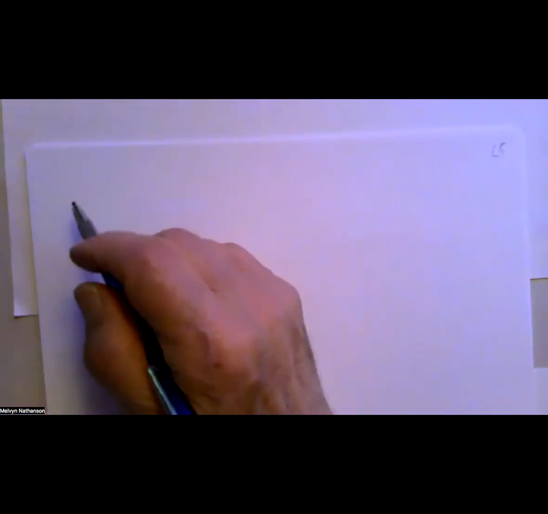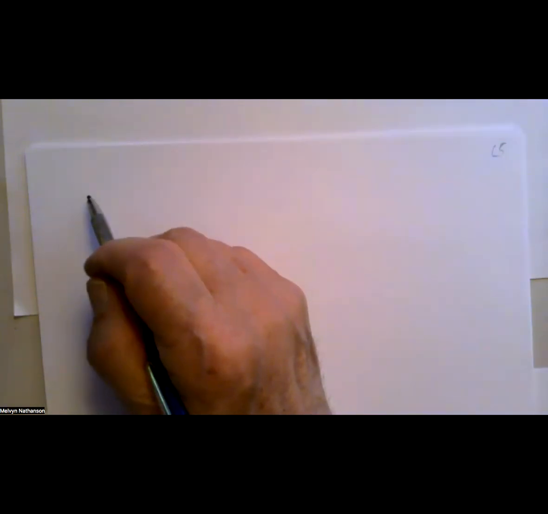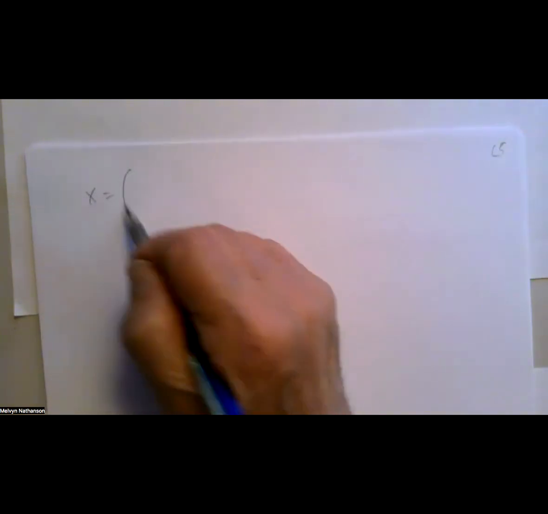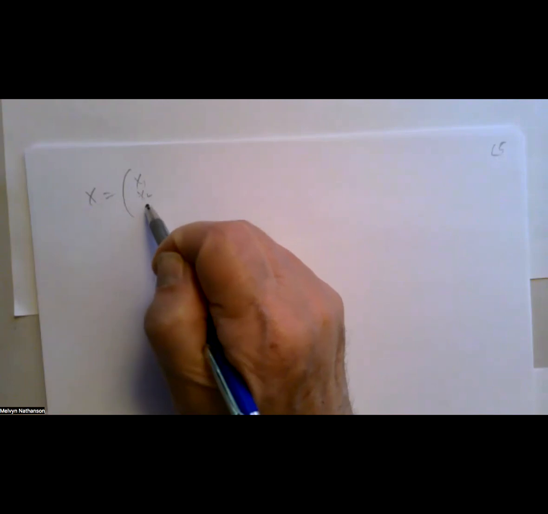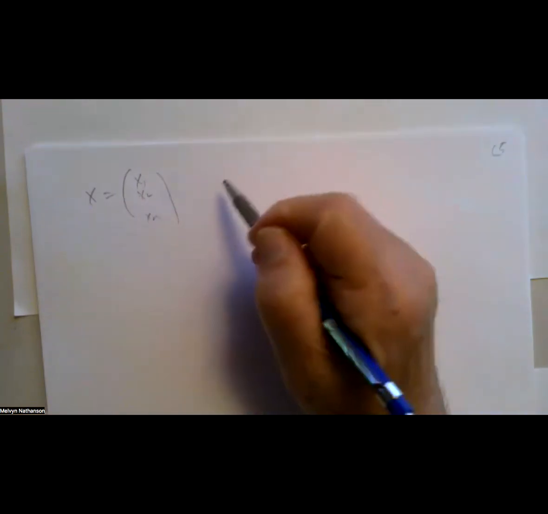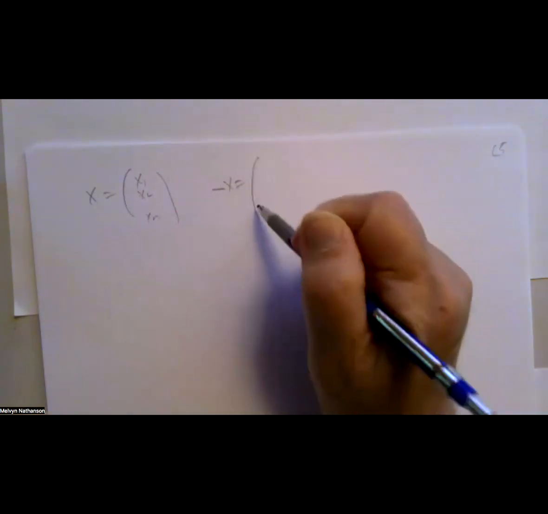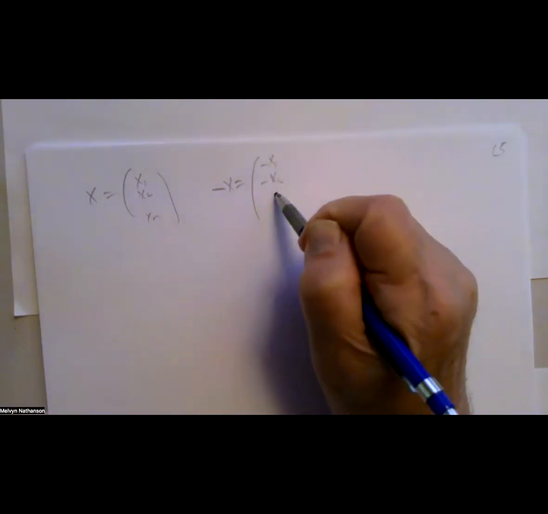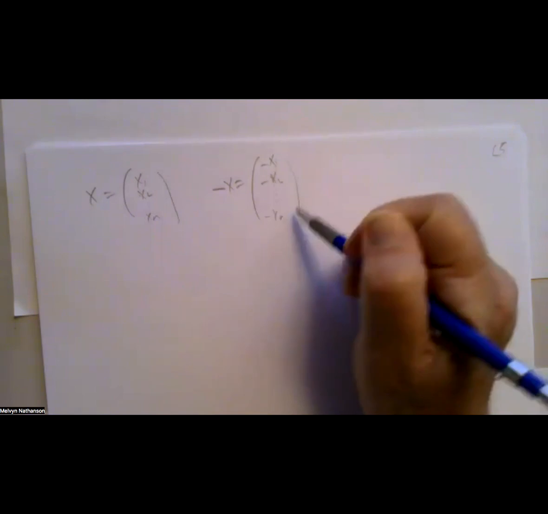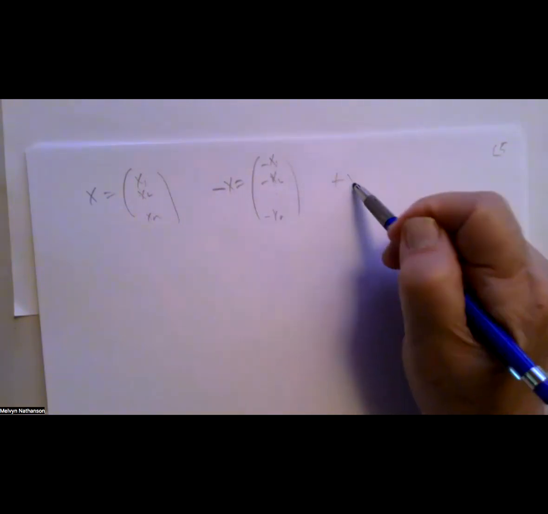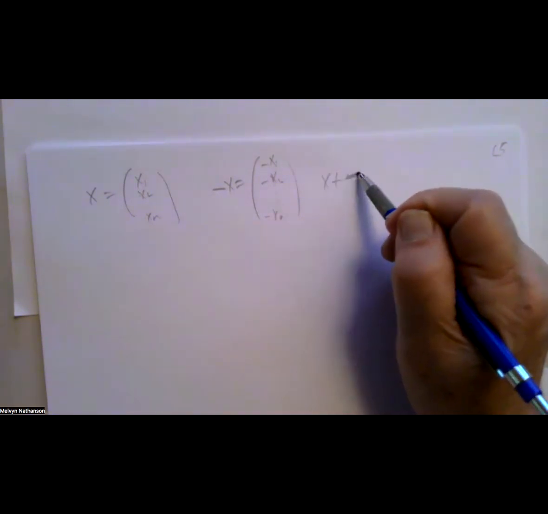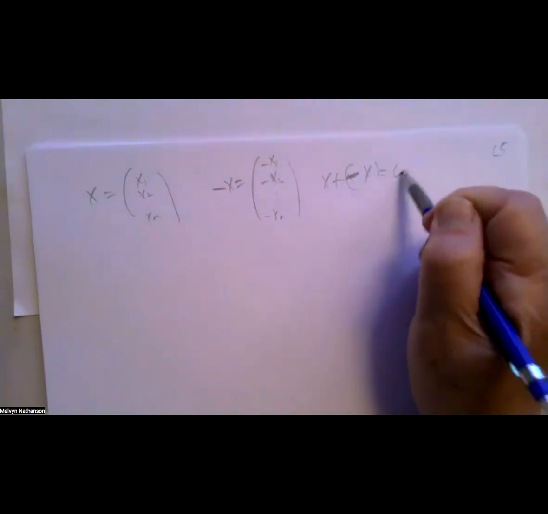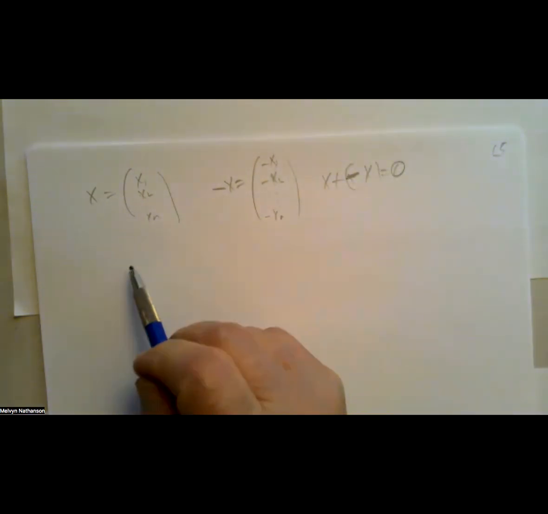If you take the vector x, x1, x2 down to xn, we define minus x to be the vector where you just take the negative, the opposite, of all the coordinates. And then you can check that x plus the vector minus x is always the 0 vector.